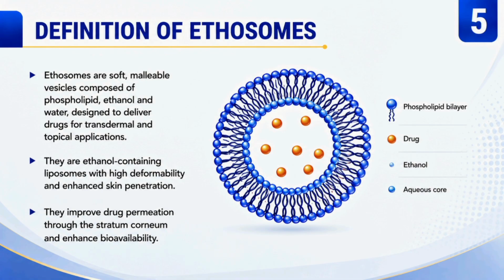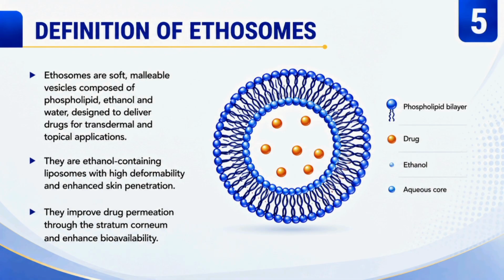This ethanol has two important effects. The first effect is that it modifies the properties of the vesicular membrane and increases the flexibility of the vesicle. The second is that ethanol interacts with the lipids of the stratum corneum and increases their flexibility. So overall, ethanol increases the flexibility of the vesicle itself and also the skin.